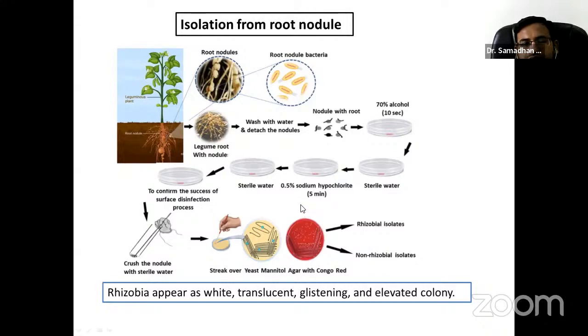Then streak the sample onto a yeast mannitol agar plate with Congo red. Rhizobia appear as white, translucent, glistening, and elevated colonies.